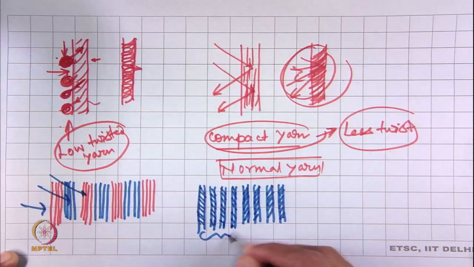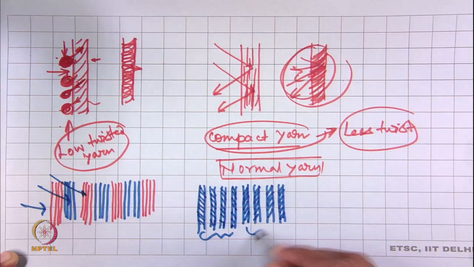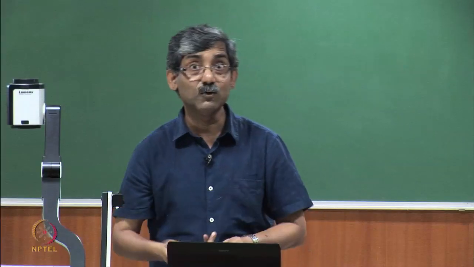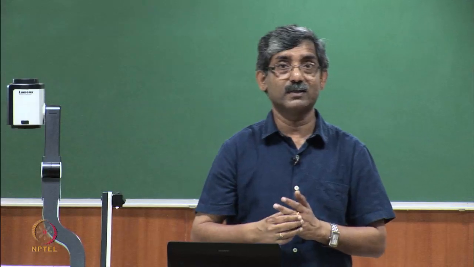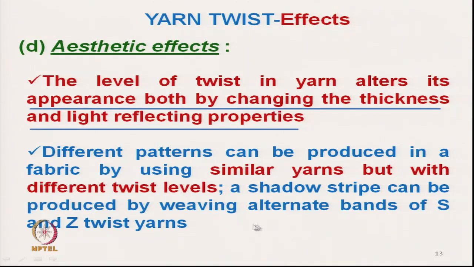So, this stripe will give a light reflection in a different way than the other stripe. This is called the twist shadow effect, and it is very popular, widely used in worsted suiting. The shadow stripe can be produced by weaving alternate bands of S and Z twisted yarn.